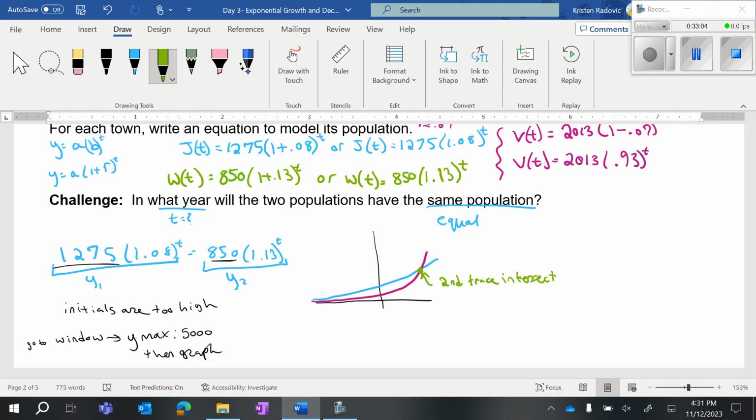You're going to scroll to where you think the point is, and once you get there, you're going to hit enter 3 times. You should be getting that the intersection is 8.9592498. Your y value is 2,540.7501.